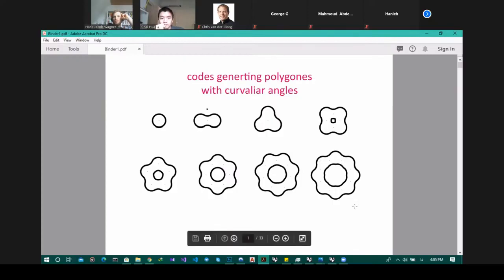As I said, following the concepts that I had for generating a polygon and getting it smooth with curvilinear angles, from just one element that we define as a point, two as a line, and then three points as a triangle, up to an octagon, I think, the polygon that has 8 vertices.